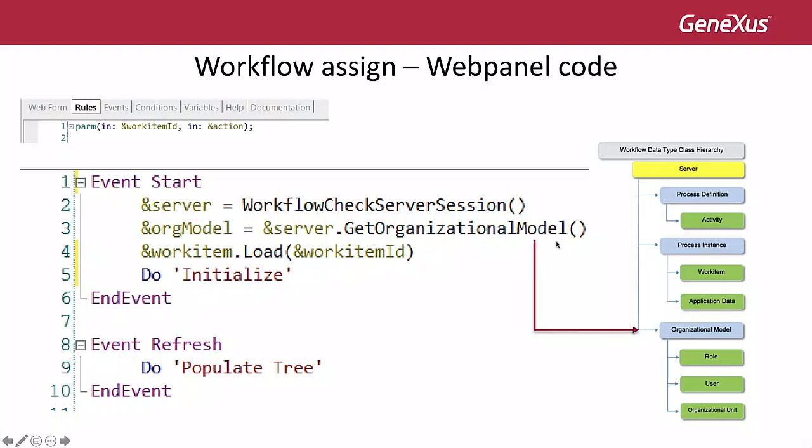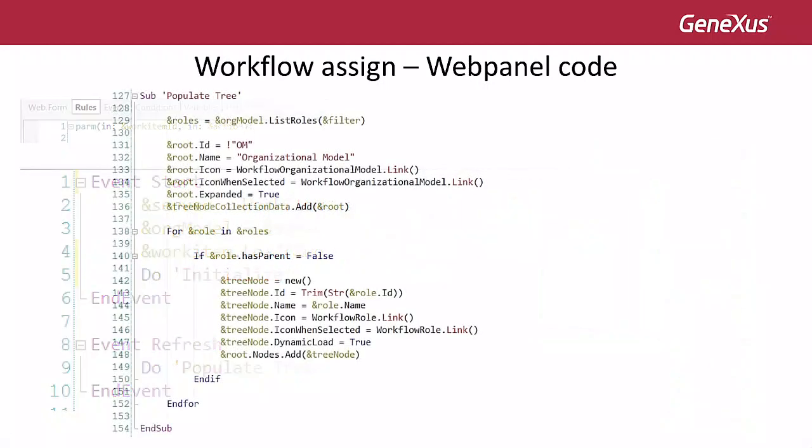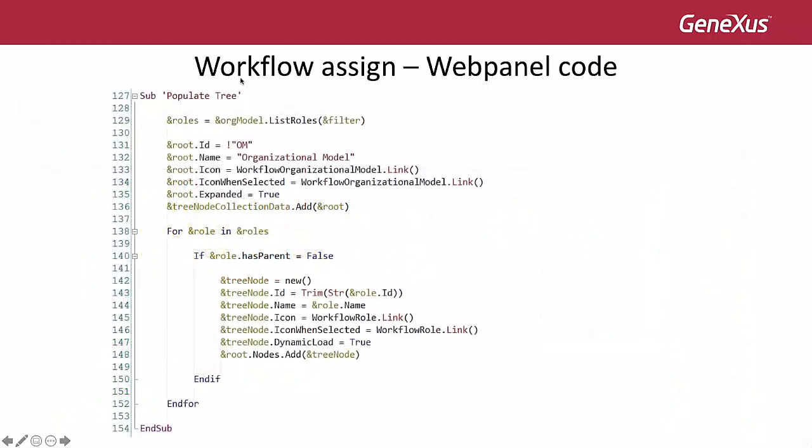This will return a workflow organizational model data type, which in this case is going to be assigned to the org model variable. Then it will load the work item received by parameter to the work item ID variable. Then it will populate the tree control, and this is going to be done in this subroutine.